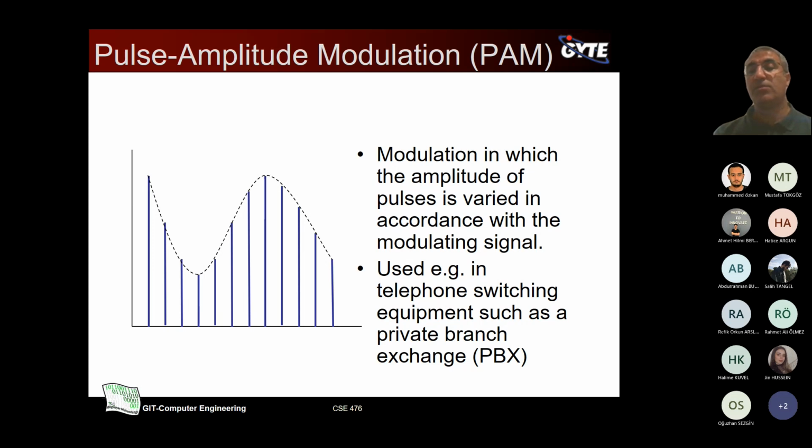And this technology is used in PBX, the telephone switching equipment usually used at offices. When you call some company, they answer, or then you can be forwarded to another person. This telephone system is called PBX, and PAM is used in this technology.